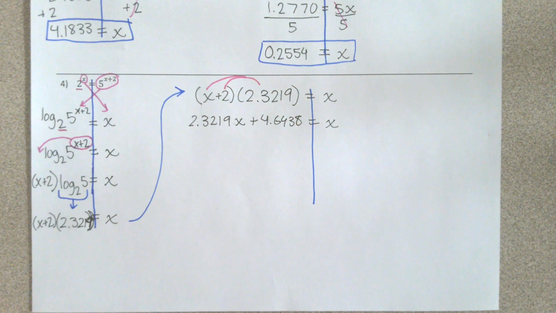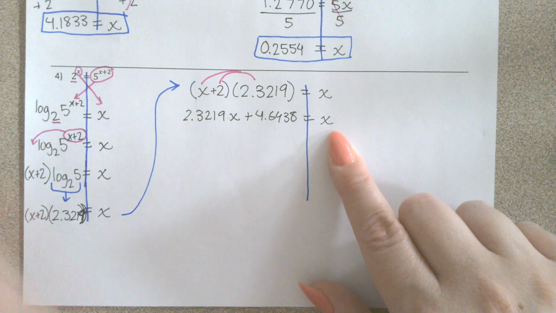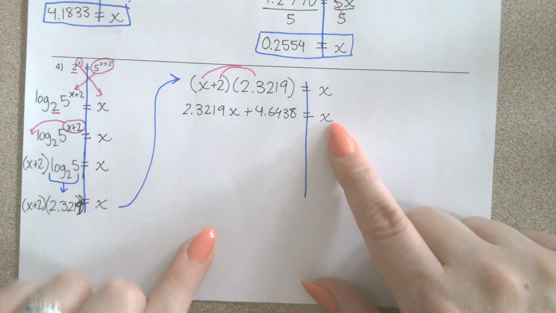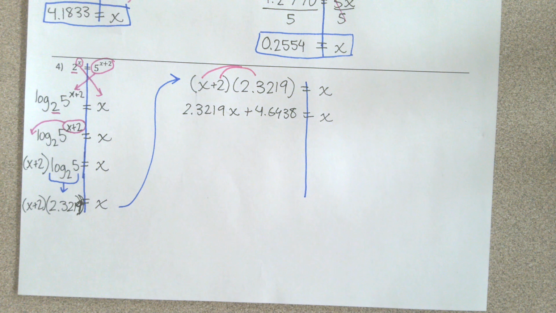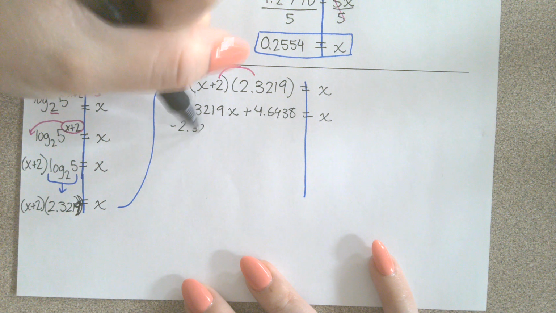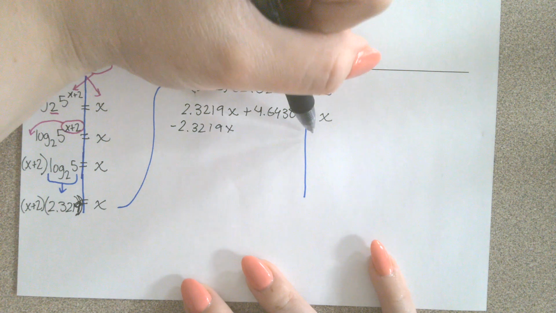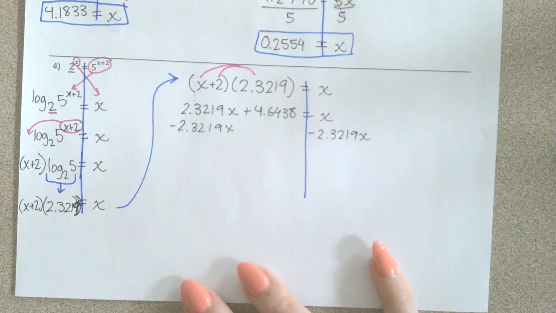All right, from here it's just like your typical algebra problem. Now, since this x is by itself, I will not be moving it to the left side. I'm going to move this over here to the right. Yes, I will get a negative momentarily. So, minus 2.3219x minus 2.3219x.